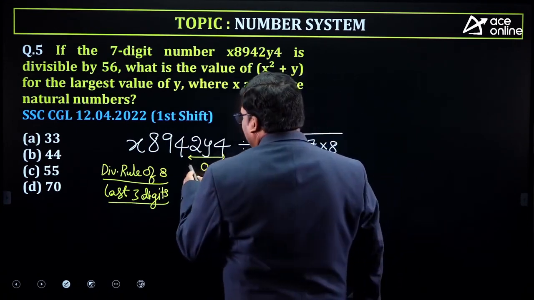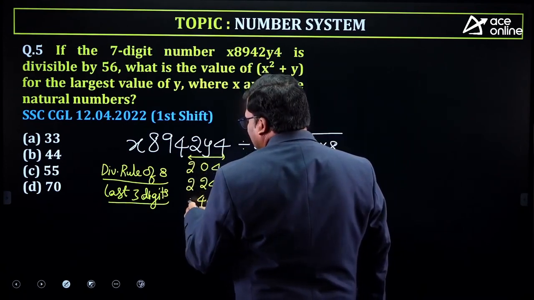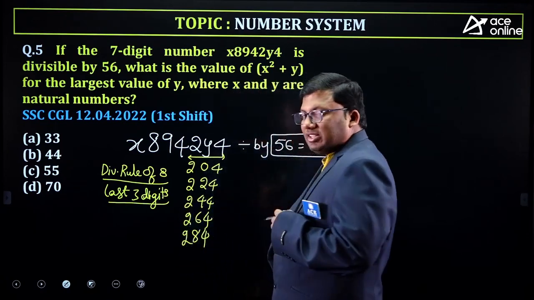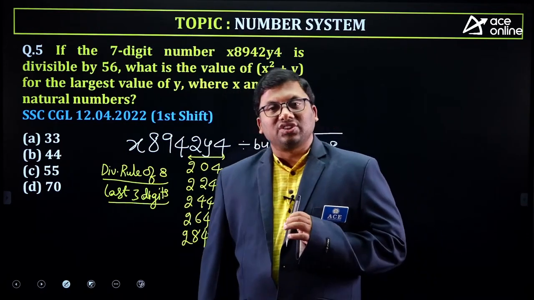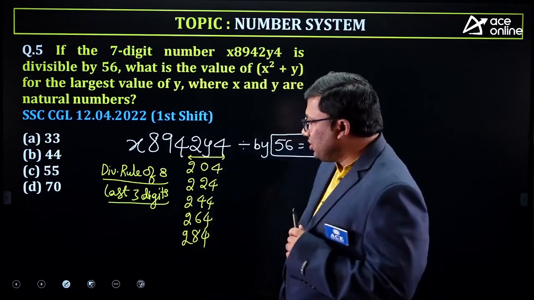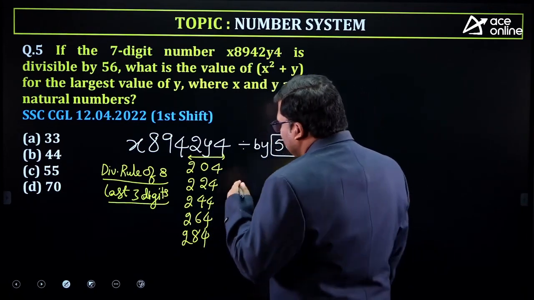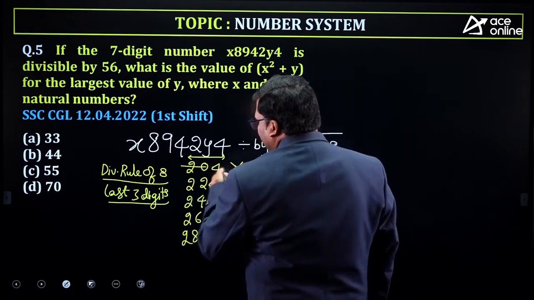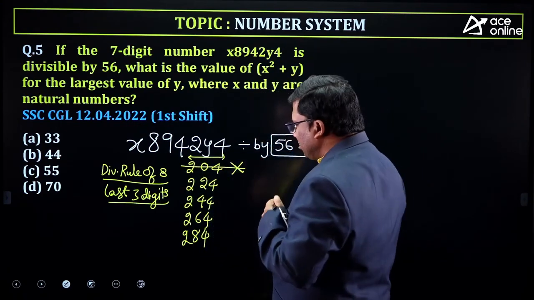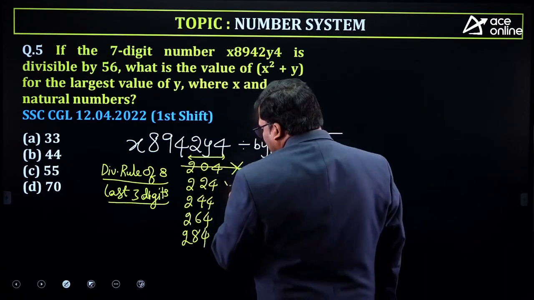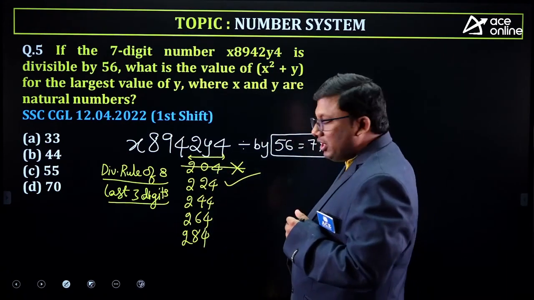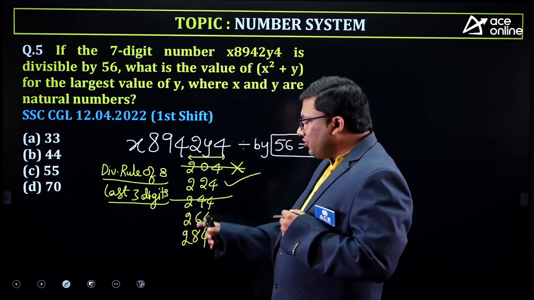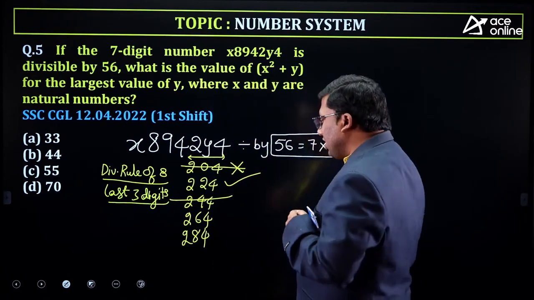Anyway, the tens place is given as 2. So these are all the possibilities of Y such that the last three digits will be divisible by 8. Now, which cases? 8 2s are 16, 8 5s are 40, so the first number is not divisible by 8. 8 8s are 64. 8 3s are 24.